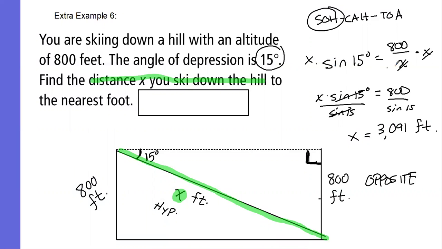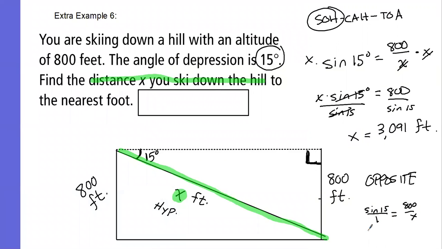Now, real quick, when you're solving this equation, there is another way to view this. If I look at this as the sine of 15 over 1 equals 800 over x, and you don't like multiplying both sides by x and dividing by the sine of 15, you can view this as a proportion and take the cross products.